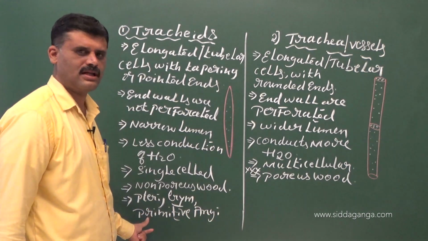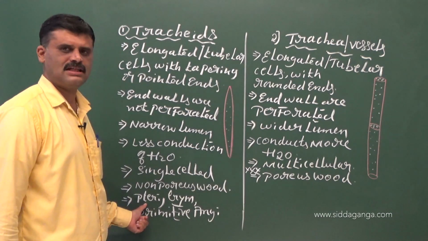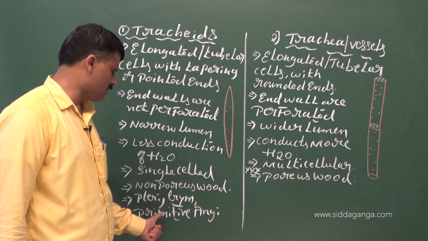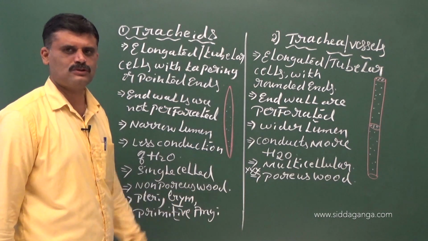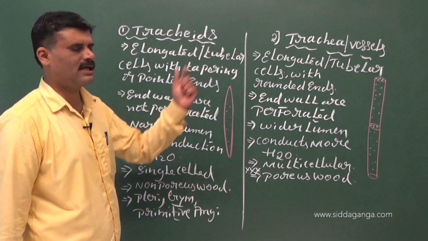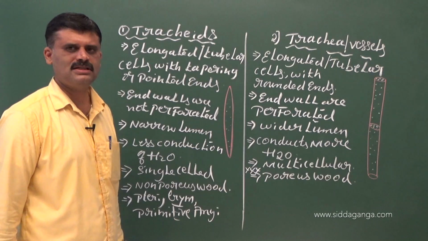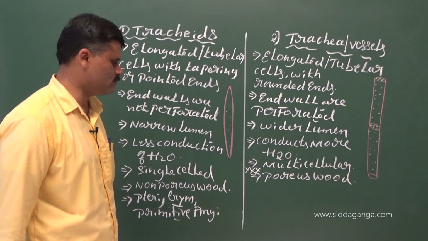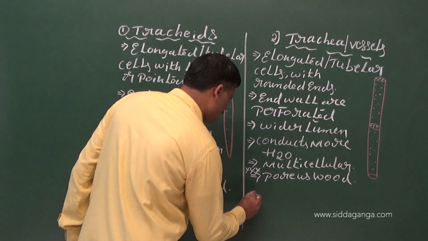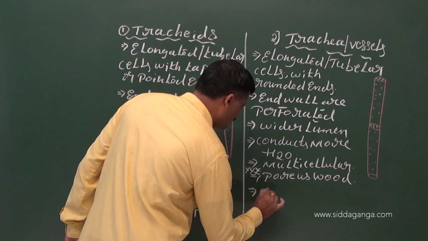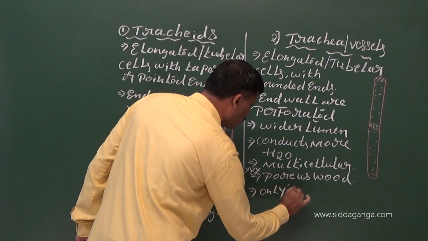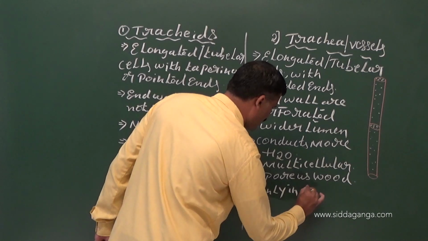I have written it in short here. Whereas trachea is an adaptation in flowering plants, so it is present only in flowering plants or angiosperms.